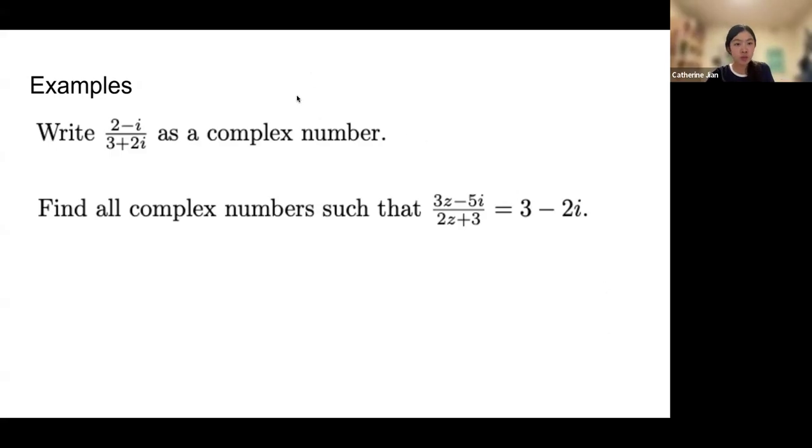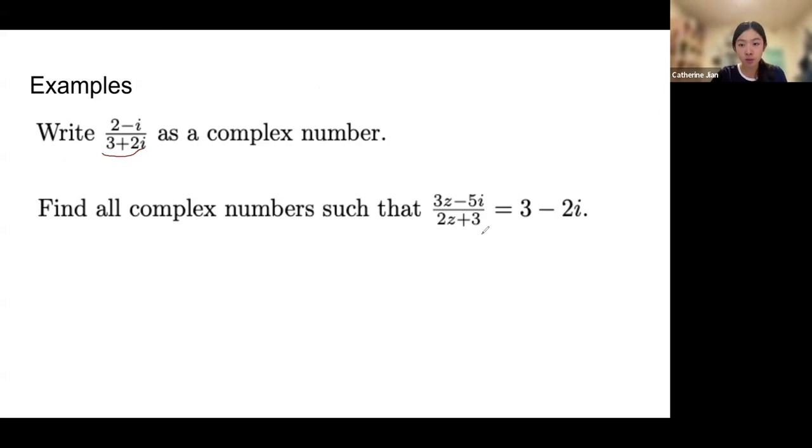So we want to write this expression as a plus bi, and it might be hard to see what to do with this because there's another complex number in the denominator.